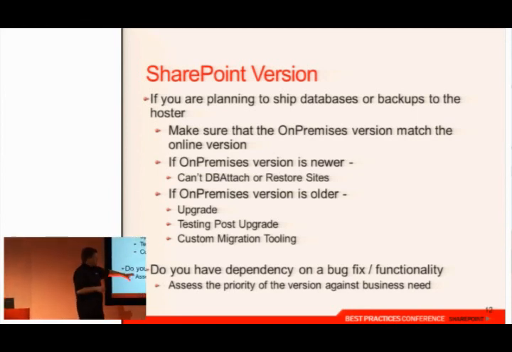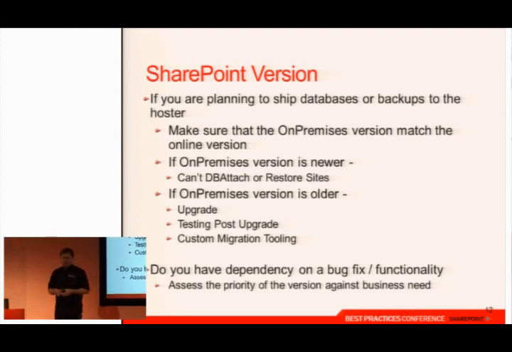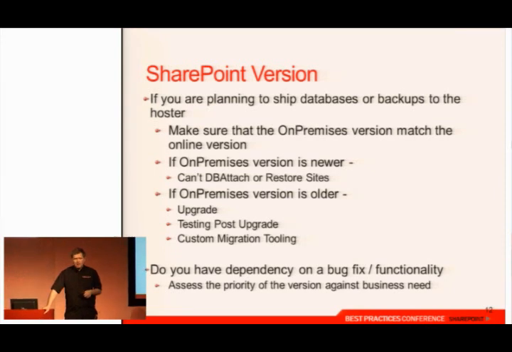Things like dependencies on bug fixes or functionality. For example, a particular bug fix for the workflow timer service. I'll talk about this one later. There's a particular bug that's fixed in either the December or February CU, and if you're dependent on that because you're running a lot of heavy, intensive custom workflows, some of the cloud services may not be there. That's just a specific example.